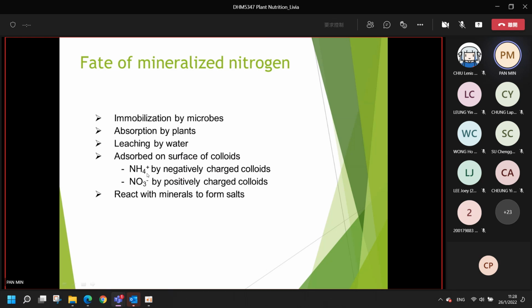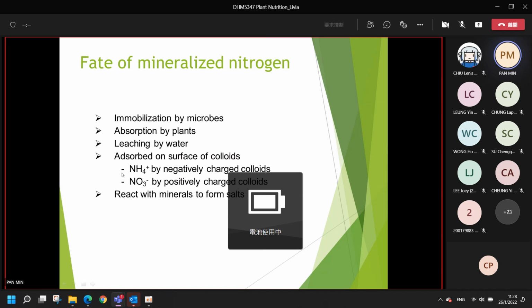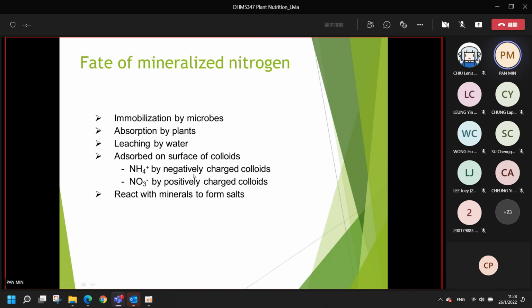Ammonium, the cation form, will be binding with the negatively charged colloids, such as the surface of the organic matter, or different colloids, and there are other anion nutrient ions. They will be combined with the ammonium form in the soil solution, and another nitrate and nitrite.